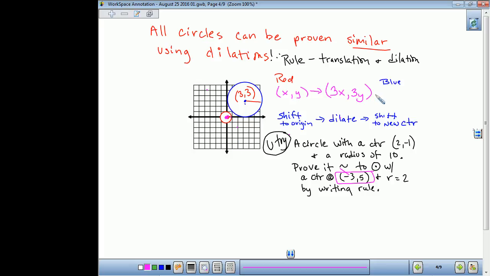We have to do the translation, which will move it right 3 and up 3. Did I write a rule that took the red circle to the blue? Yes. Did it consist of translations and dilations? Yes. Those circles have been proven similar. If we can write a composition of transformations, we have proven similarity using coordinate algebra.